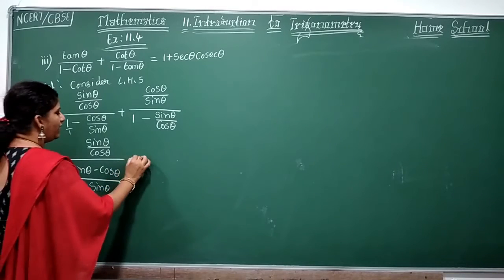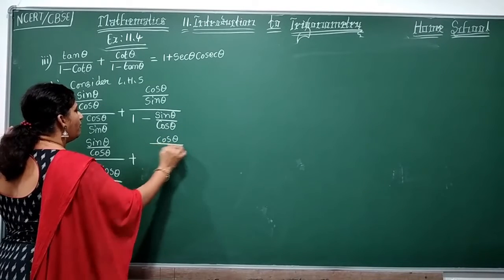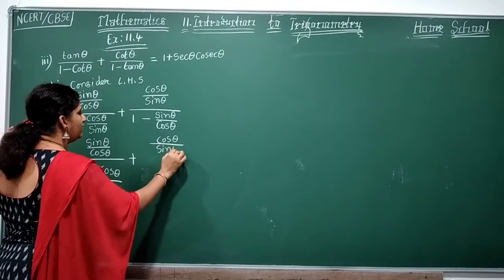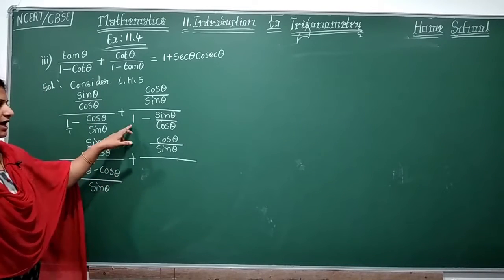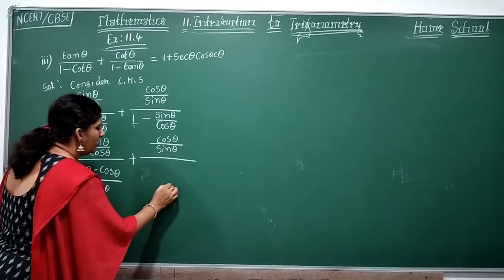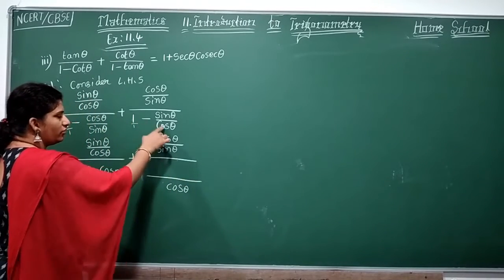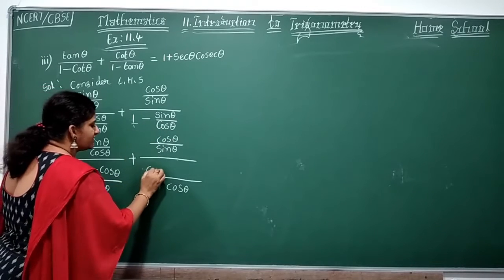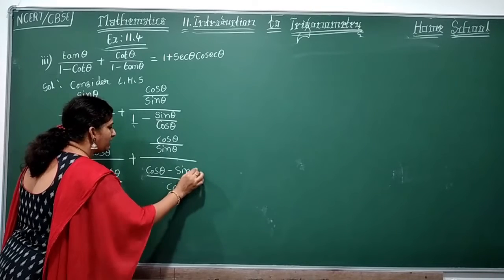Okay, plus cos theta by sin theta whole divided by, look here carefully, again LCM here. So 1 and cos theta LCM will be cos theta. Okay, in numerator what you are going to get? 1 into cos theta will be cos theta minus sin theta.